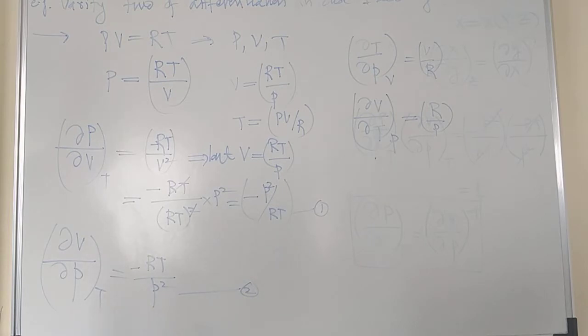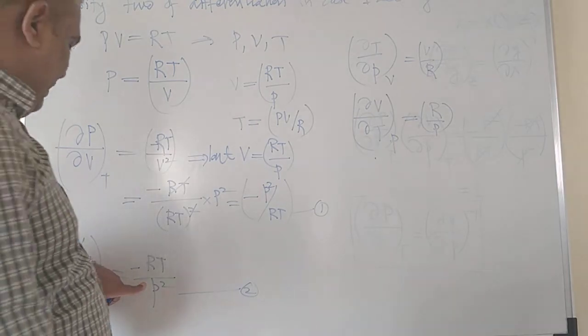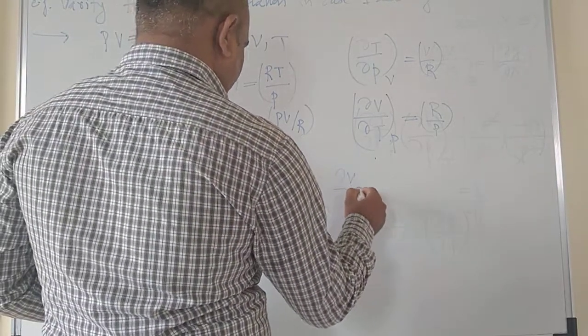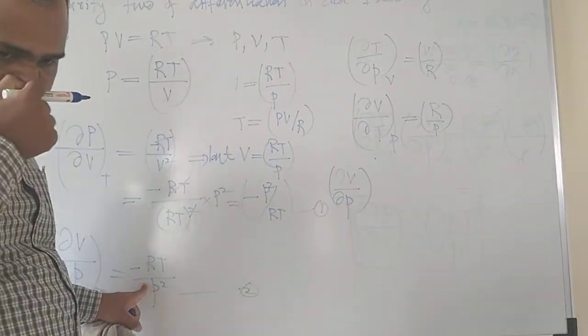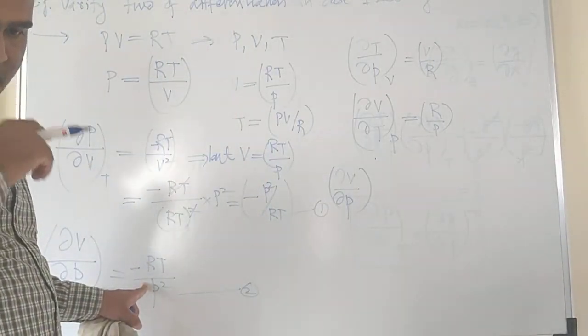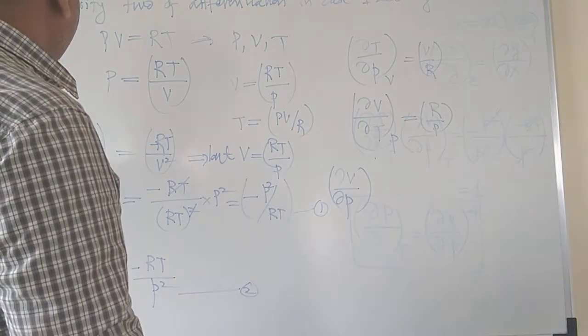Fine. So just take the multiplication of these three, that is dou P by dou V with respect to T. Where is dou P by dou V?